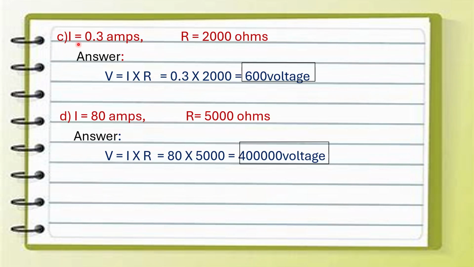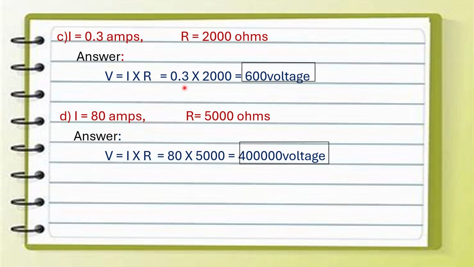C sum, I equals 0.3 amps, R equals 2000 ohms. So let's find the answer. What is the formula? V equals I into R. We should substitute the values. So I is 0.3 into R is 2000.